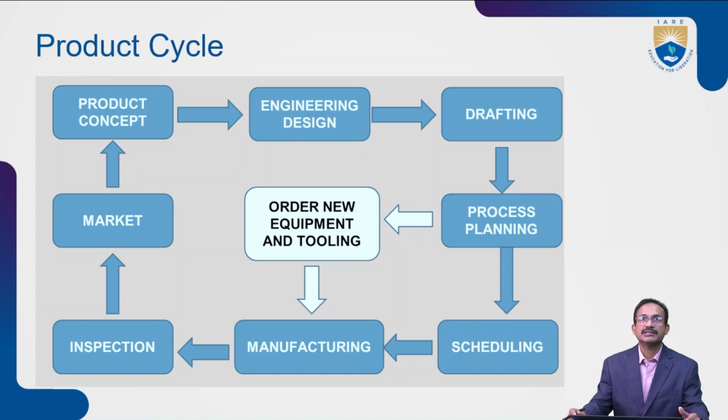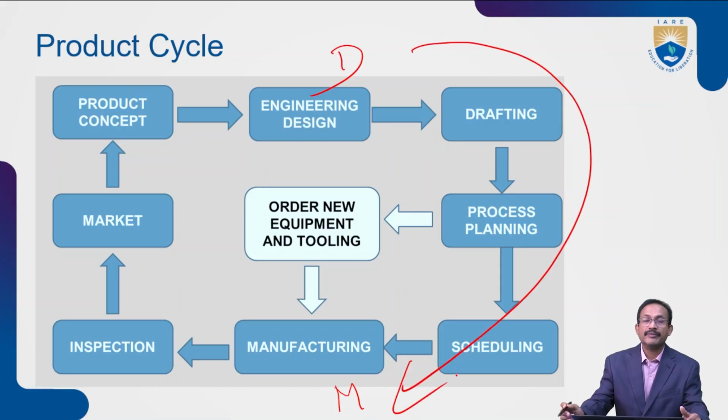Now let us discuss engineering design. Let us discuss the periphery. It starts with design and ends somewhere in manufacturing. So in product cycle, design to manufacturing will be the flow.